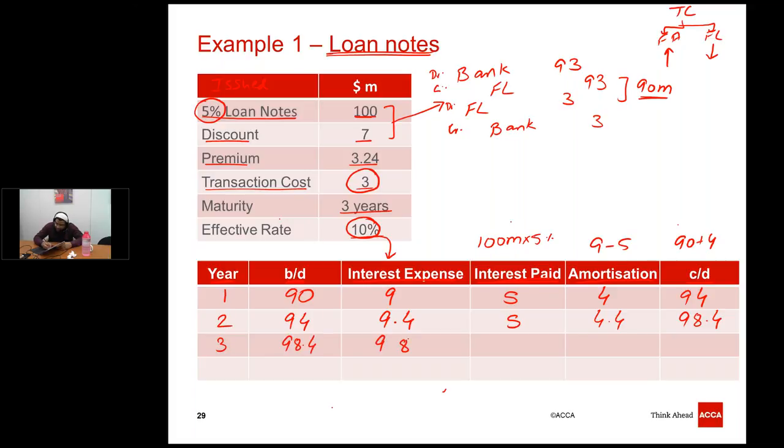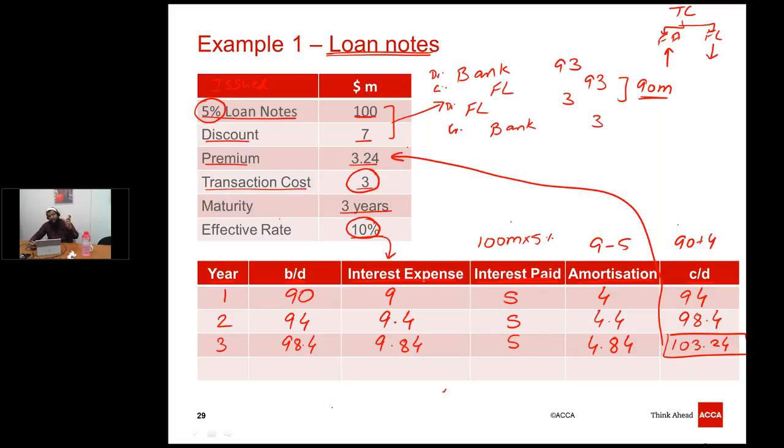The interest is 9.84, the interest paid is 5, the difference is 4.84 and the carried down is 103.24. So this is how we have prepared the table. The premium: 100 was the par value and 3.24 is the premium, so the carried down should be 103.24, which we have got.